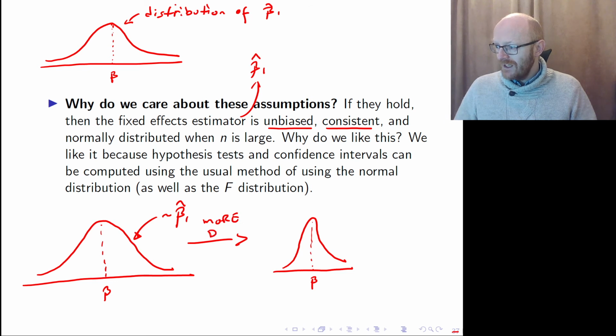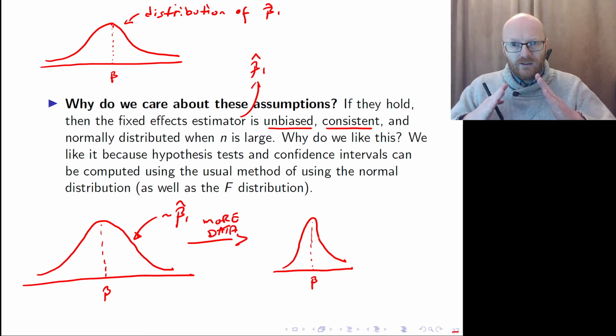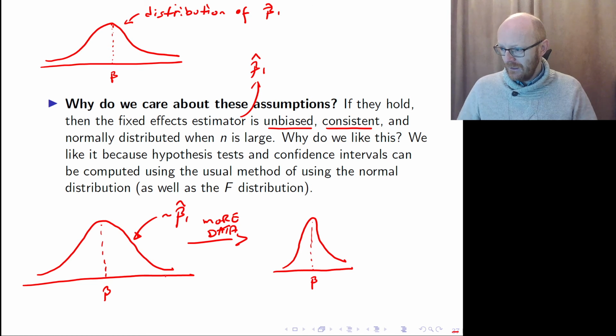If you get more data, then you are more certain of where the true value actually is. Okay, the confidence interval is much narrower if you have more data.